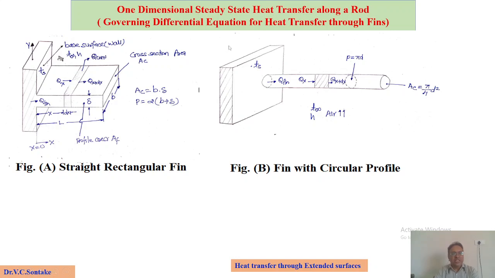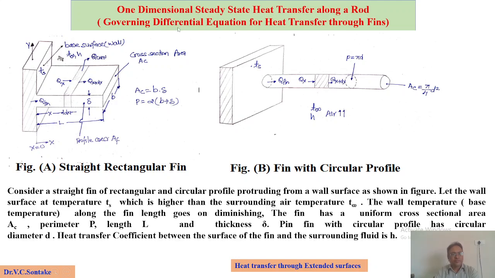As you can see in figure A and figure B, a straight rectangular fin and a fin with circular profile are attached to the base surface. So consider a straight fin of rectangular and circular profile protruding from a wall surface as shown in the figure.